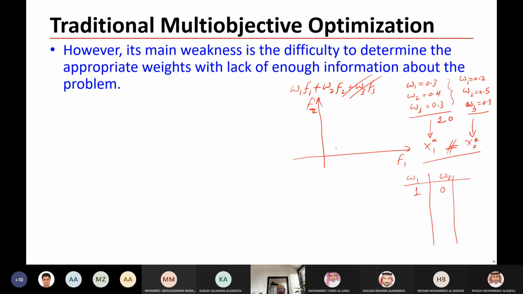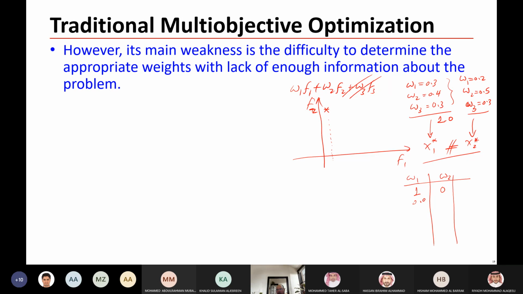So definitely we will get a very small value of F1 here. After getting the solution, we can substitute in F2 and get its value. If these are conflicting objectives, then with a smaller value of F1 you have a greater value of F2. Then you move forward.